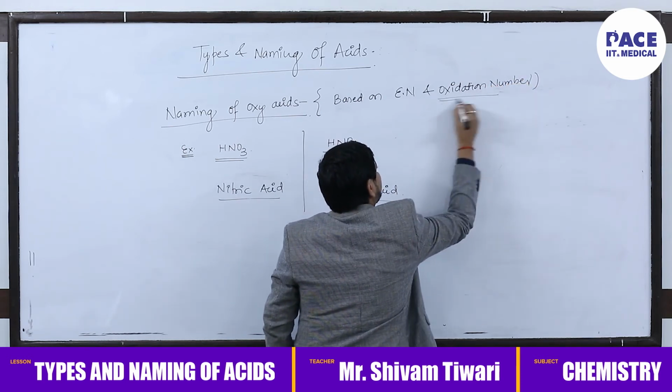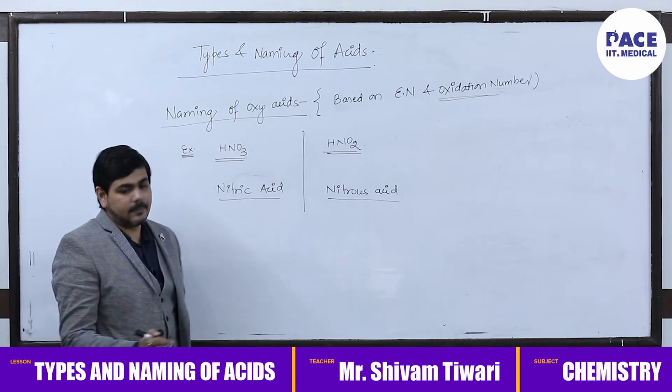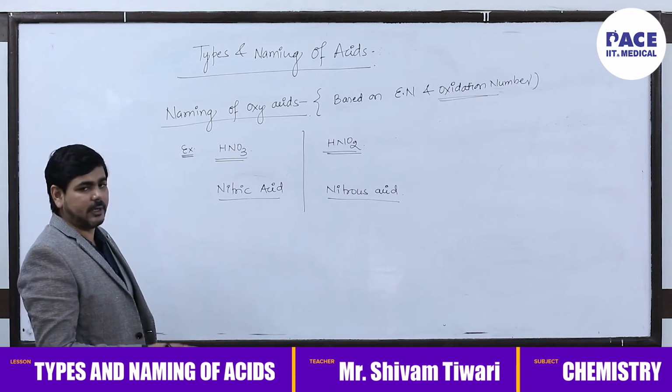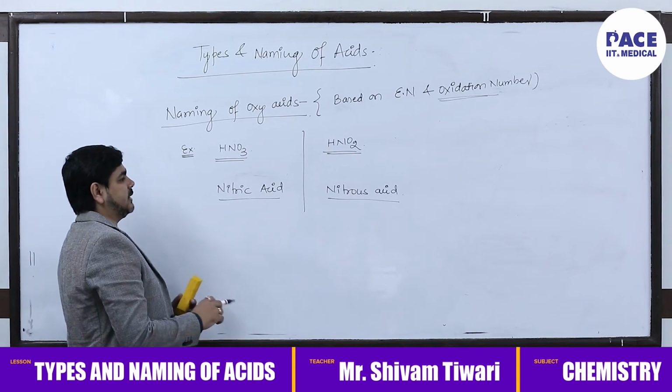So this is a little bit higher concept. We are going to cover it in the next class. Now focus on how to understand properly and very simply. It's a very simple concept.